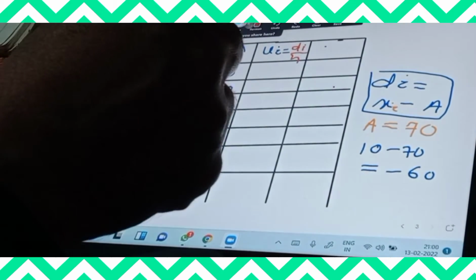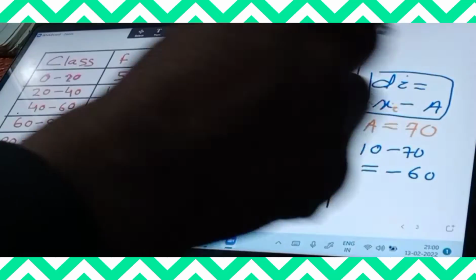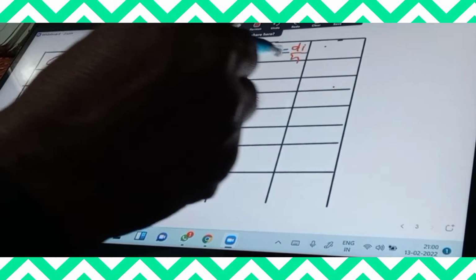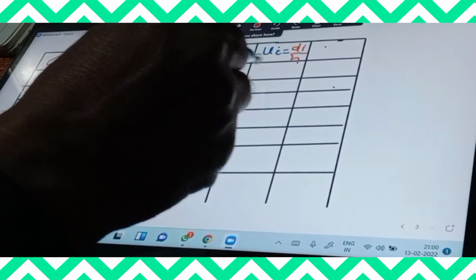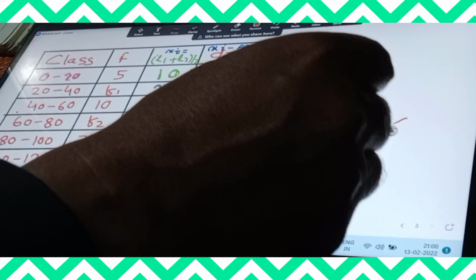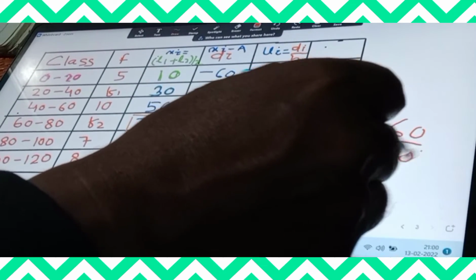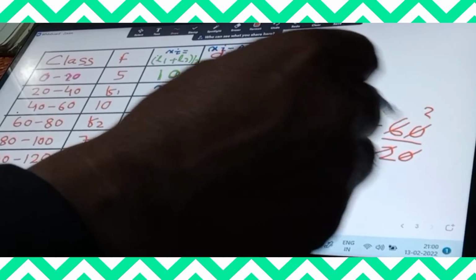So you can find out the ui value, which is di by h, and h is the class size. Minus 60 divided by 20 is minus 3.